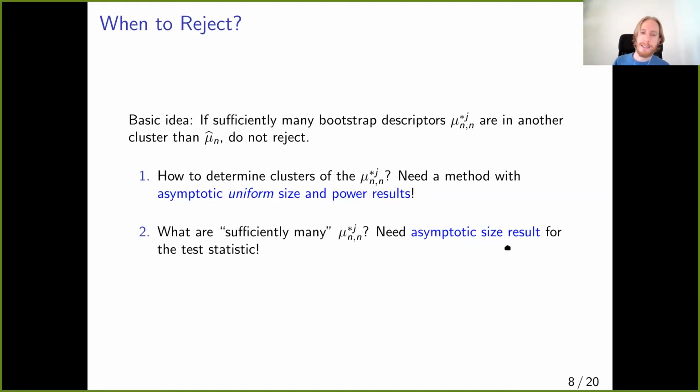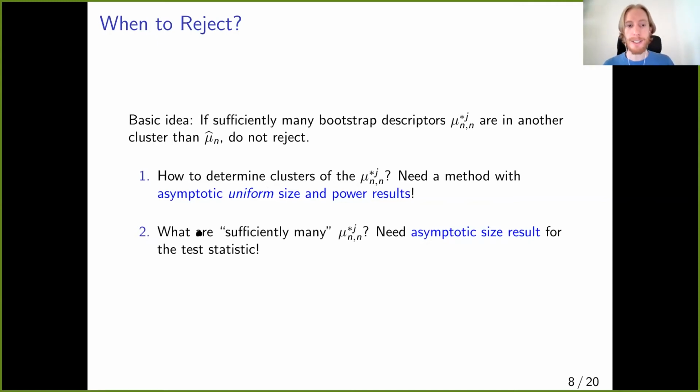So what you would like is some kind of technique that gives you asymptotic size and power results, which ideally should be uniform over the whole distribution of bootstrap descriptors, right? As I said, we take several bootstrap samples, usually 1,000 or 10,000 or even more. And for this set, one would like size and power to be uniform, so to uniformly bound errors on this whole set of bootstrap descriptors.